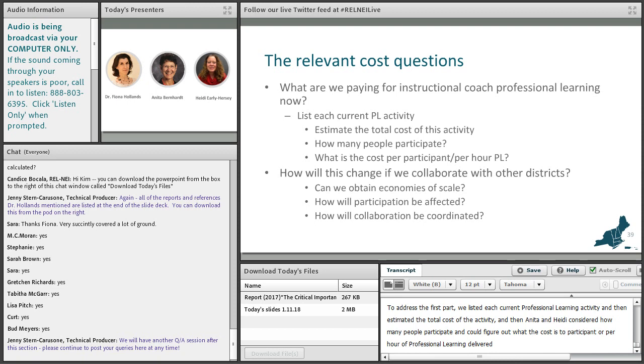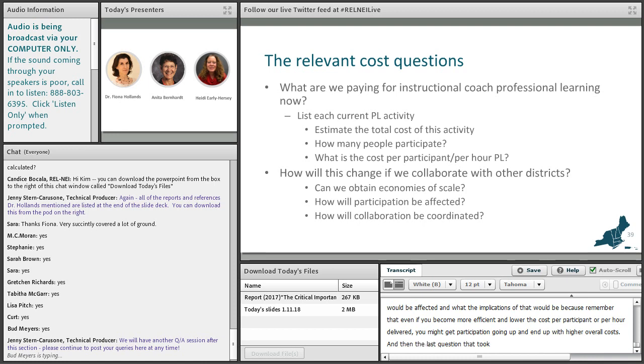The second part, how will costs change through the collaboration, we started off imagining that we would be able to obtain some economies of scale. We did wonder about how participation would be affected and what the implications of that would be, because remember that even if you become more efficient and lower the cost per participant or per hour delivered, you might get participation going up and end up with higher overall costs.